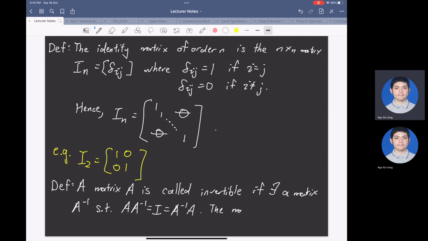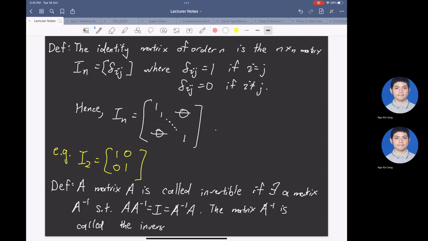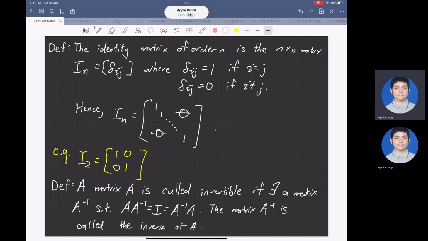Then the matrix A inverse is called the inverse of A. So up to now, you can see matrix and function actually share a lot of similar properties. But not every function can be represented by a matrix.